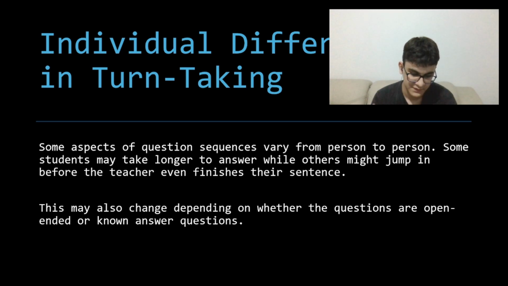Everyone thinks differently. Everyone works differently, and in a single classroom environment, there will of course be big or small differences between students and how they answer, how they think about the questions, how long they take to think about these.